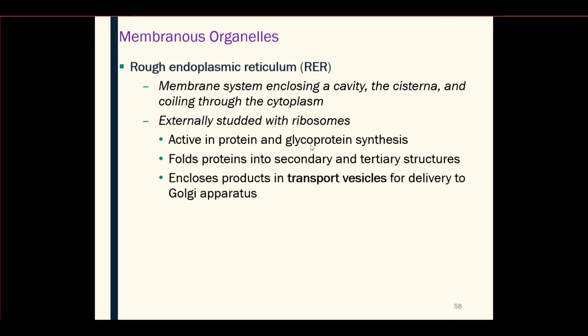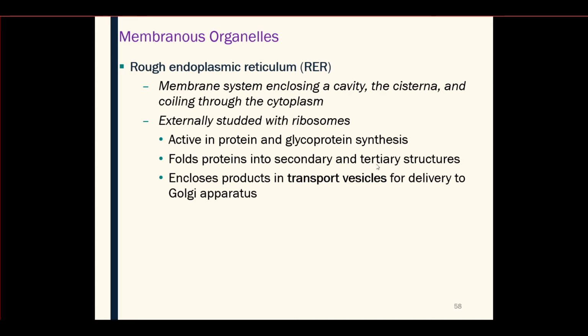If you remember, glycoproteins are something we saw in a previous lesson. It helps to fold the protein into secondary and tertiary structures. If you remember again from chemistry, secondary structures were the alpha helix and the beta sheet.